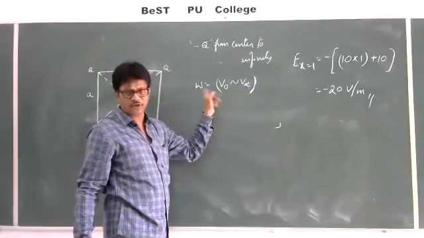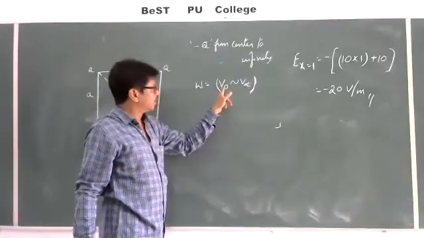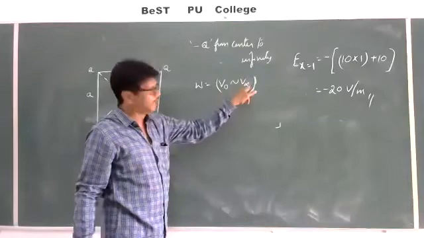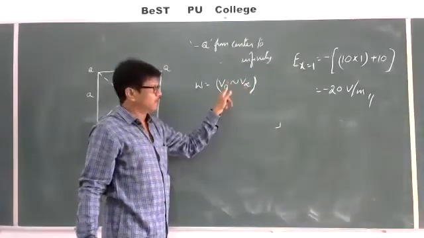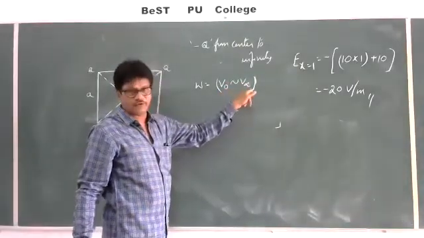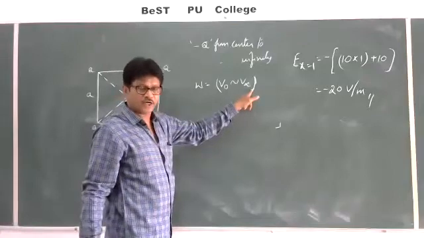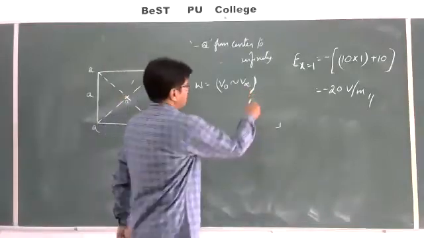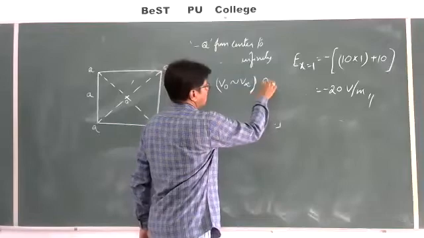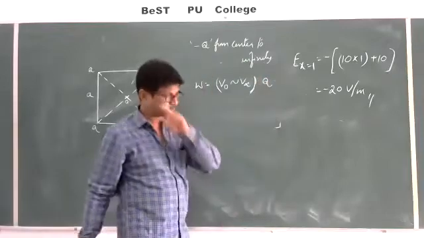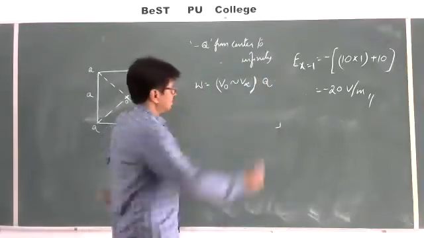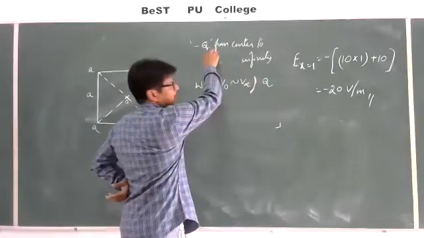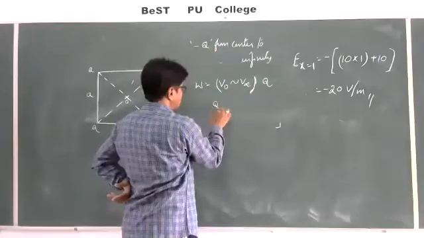This is the formula to find out work done. Here the charge I am moving is minus Q.